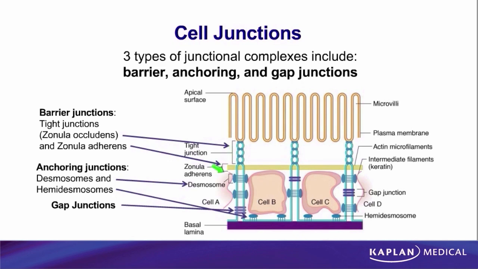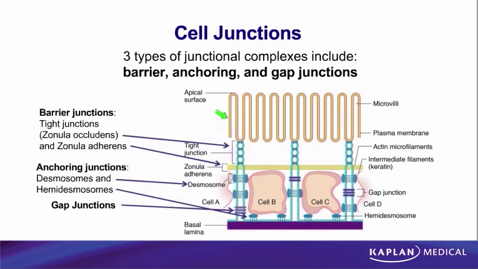In contrast, zonular adherens is a continuous ribbon of connection between cells. Okay, so it's a continuous connection between cells, whereas these are spot connections between cells. So zonular occludens are tight junctions and zonular adherens. So that's one category. That's the barrier, serving as a barrier to control passage of material in the paracellular pathway.